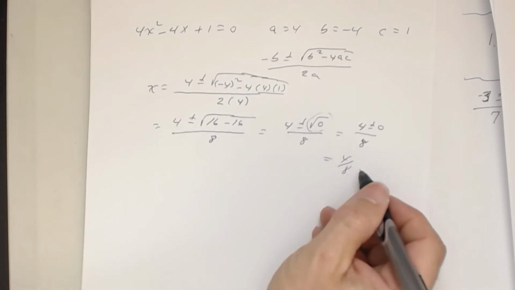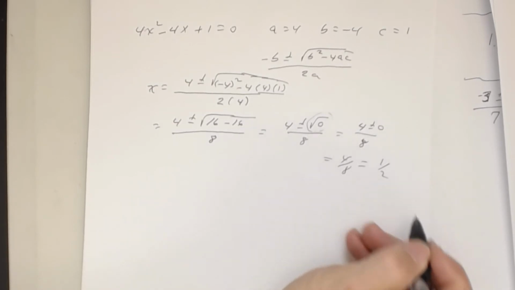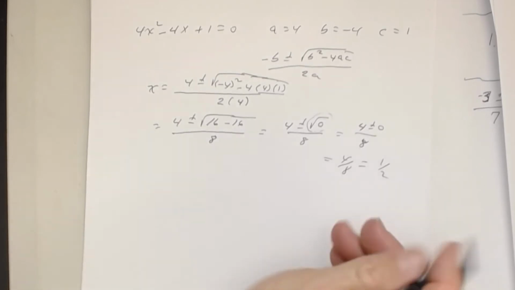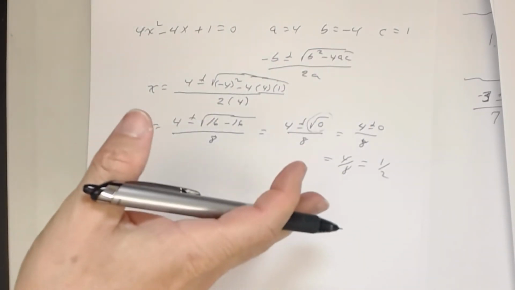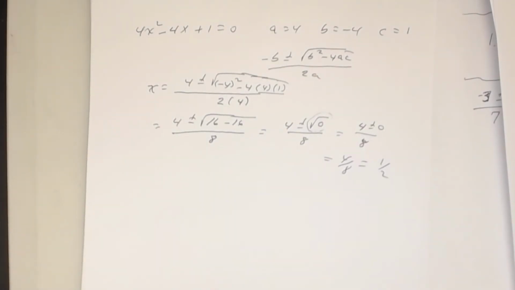So I only get one solution. It's just 4/8, which is equal to 1/2. So the previous ones we had two solutions. This one we had one solution because the radicand happened to be what number? 0. So that's why you only end up with one solution.